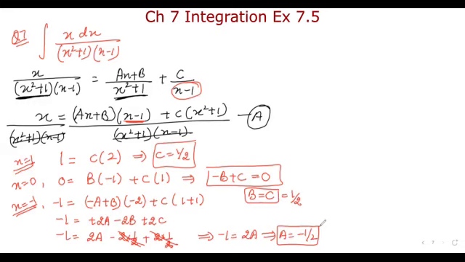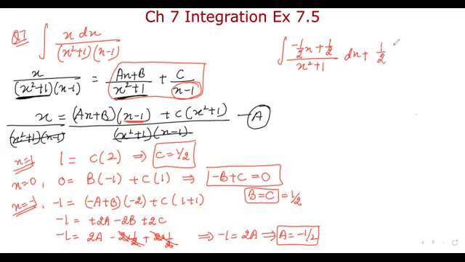Now we will put all these values here and then integrate. So if I take a as minus half into x plus b, b is half, upon x square plus 1 dx plus c, c is half, integral dx upon x minus 1.